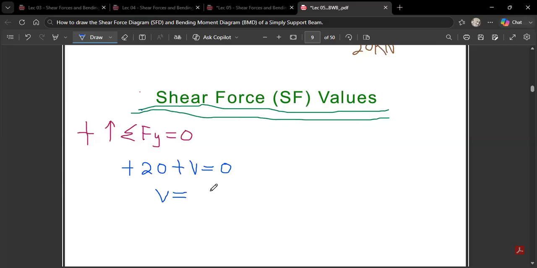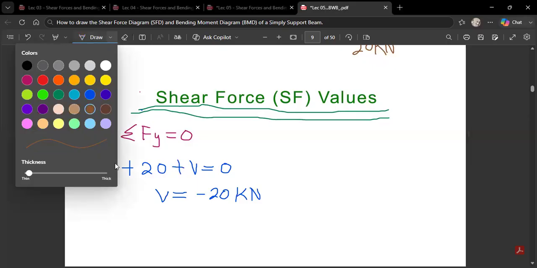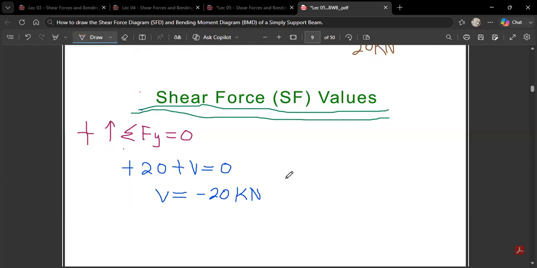So you're going to get negative 20 kilonewton. As simple as that. So this is also a constant, as simple as ABC. This is also a constant. Write over here, constant.